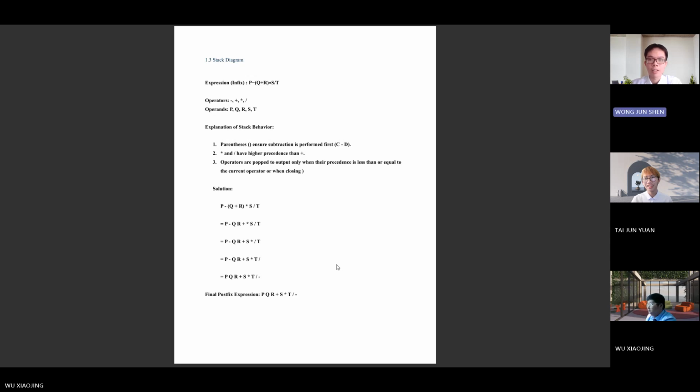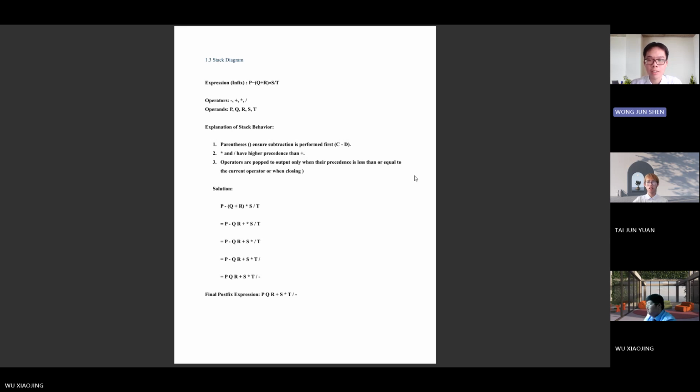Okay, thank you, Junyuan. And now for my part, the stack diagram. Next, let's look at the stack diagram. The expression here is P minus Q plus R times X over T. In this problem, parentheses ensure that Q plus R happens first, then multiplication and division happen before subtraction because they are stronger operators.